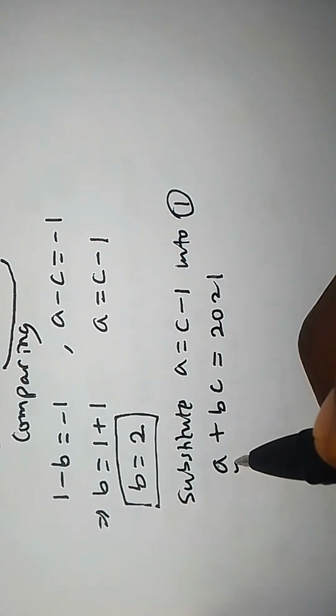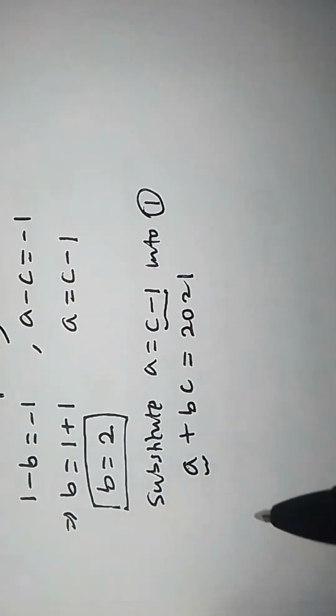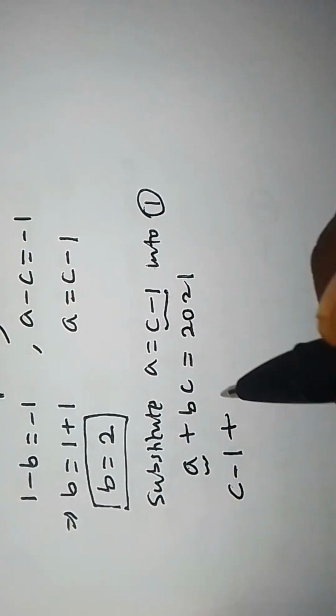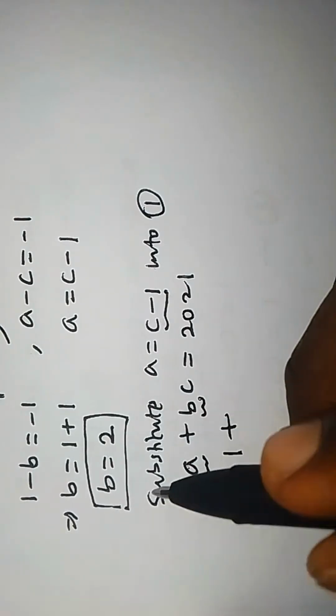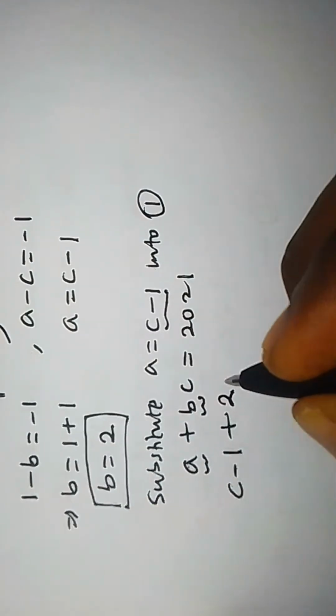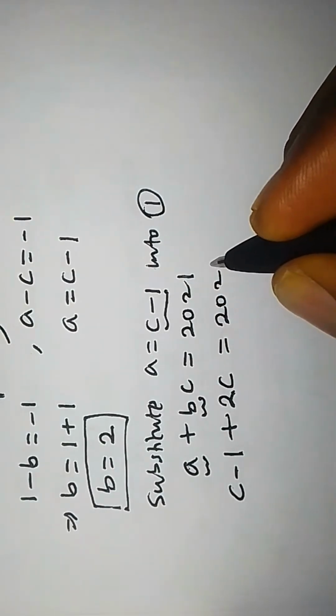So in place of A, we write C minus 1. C minus 1 plus, what is B? The value of B is equal to 2. So we have 2 times C, which is 2C, equals 2021.